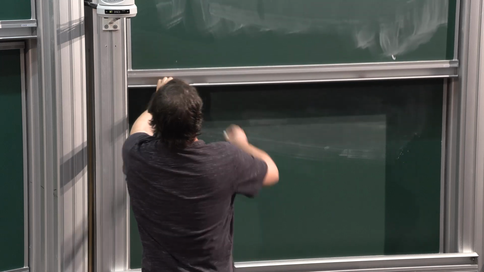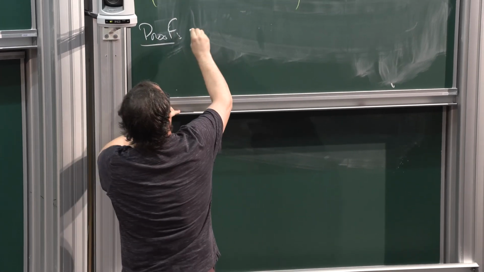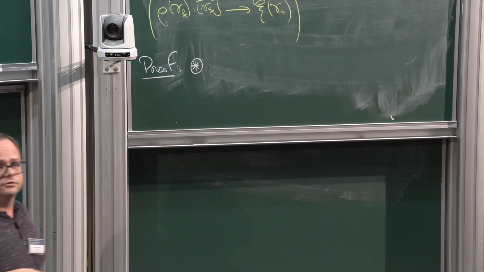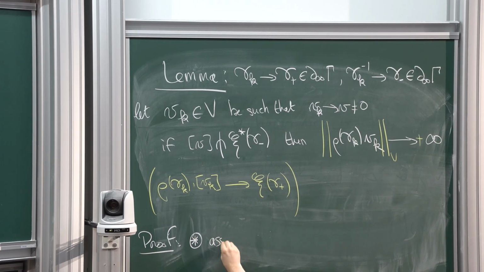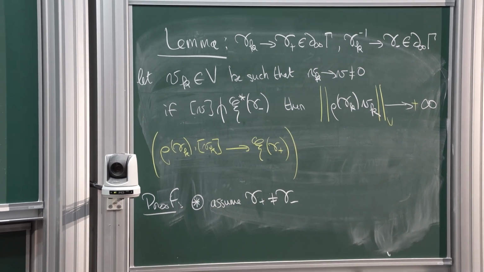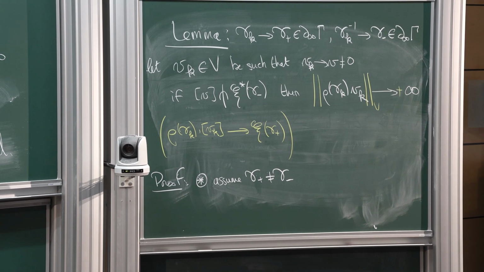And maybe I could start the proof down there actually. So we're going to look at the proof of this lemma, and we'll break it down into two cases. The first one will be when gamma plus is not gamma minus, when they're distinct. And why is that different?